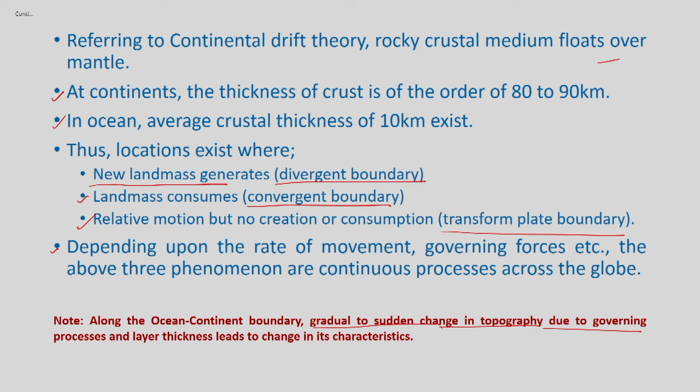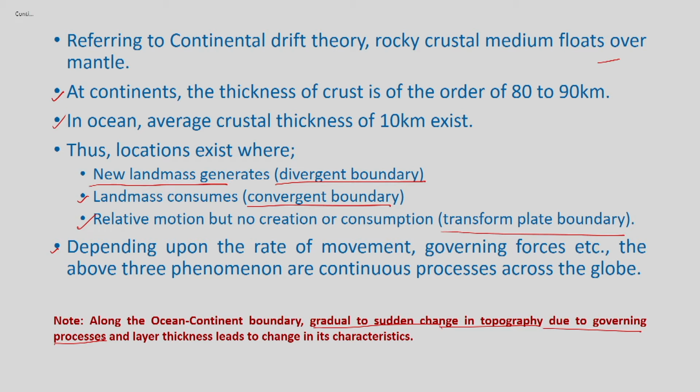One may be the plate movement; another may be that at one location one plate might be subducting under the other plate, but at another location it might be a transform plate boundary with the oceanic plate. So, this governs what kind of plate boundary and what kind of transition zone will be there between the oceanic plate and the adjacent continental plate.